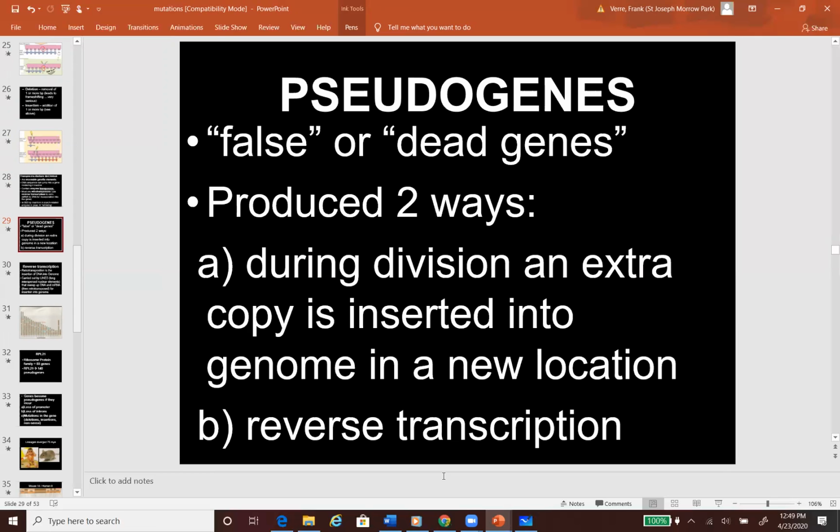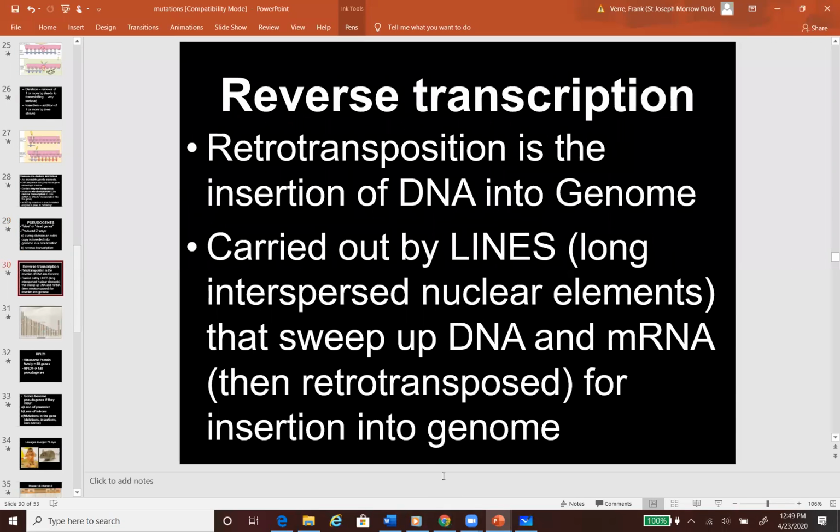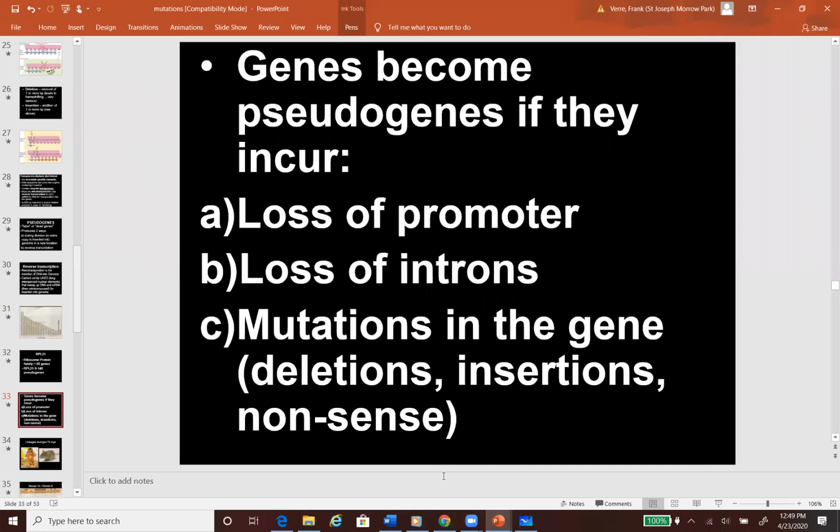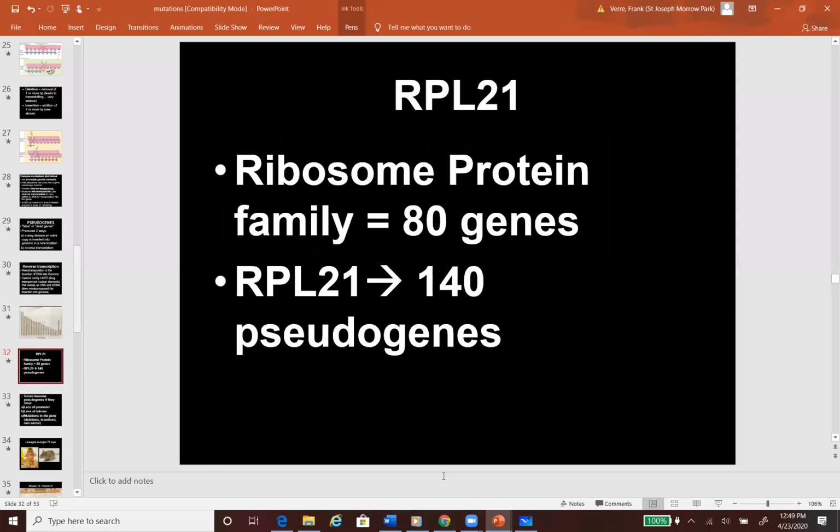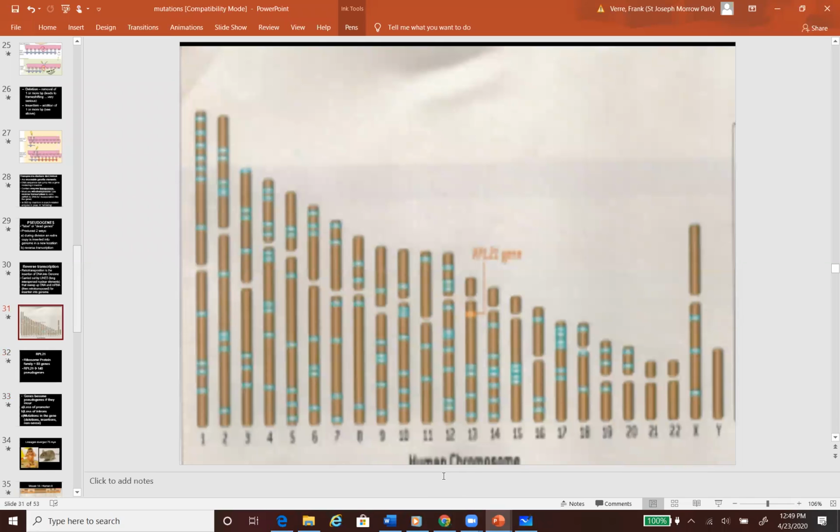A pseudogene is a dead gene that could be caused because the non-coding section acquired some really devastating mutation. For example, the mutation destroys the promoter region, okay? And what happens then is that gene eventually becomes a pseudogene, and it just starts to accumulate lots and lots more mistakes.